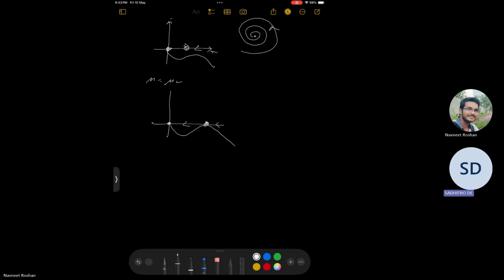So what you get is a half stable limit cycle which circles the stable spiral over here. This is my half stable limit cycle. What I mean is that all the trajectories which start inside the limit cycle approach the spiral like this, and all the trajectories that start outside come around to the limit cycle. Okay.